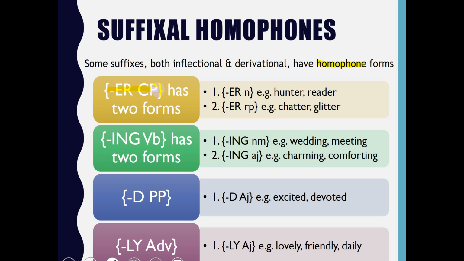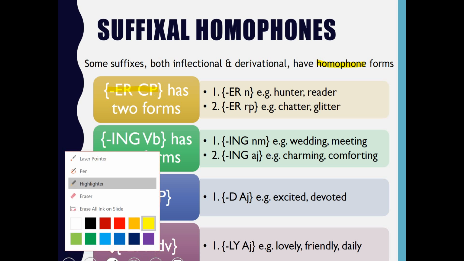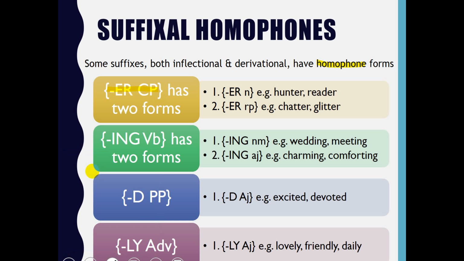No, we also have er for derivational. Okay, so this is derivational. To mark the noun, we have hunt becomes hunter, read becomes reader. Is this the same? Of course not. One is comparative form.